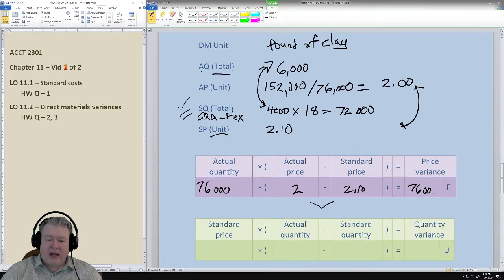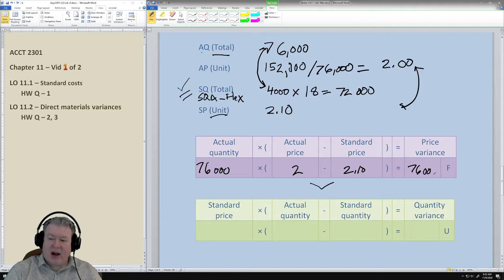And if we come down here, so this is the price variance, and this is the quantity variance. Now for the standard price, we have $2.10. The actual quantity was 76,000. And once again, I left the U in when I shouldn't have.